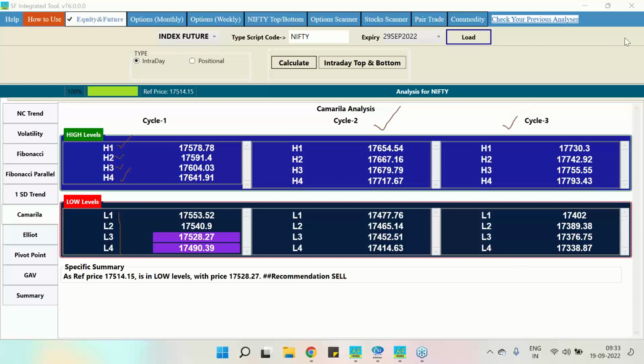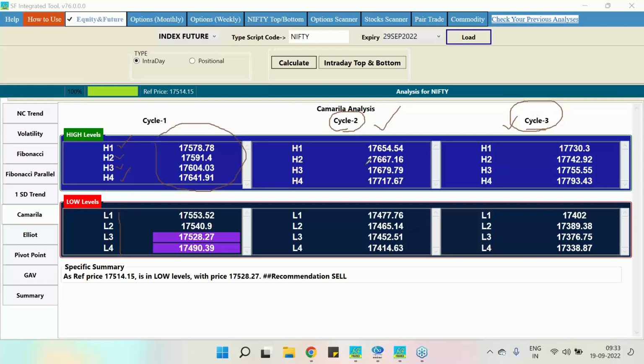We have added cycle 2 and cycle 3, which are nothing but an extension of your cycle 1. Once cycle 1 completes, it goes to cycle 2, then to cycle 3. The original Camarilla is only these levels.